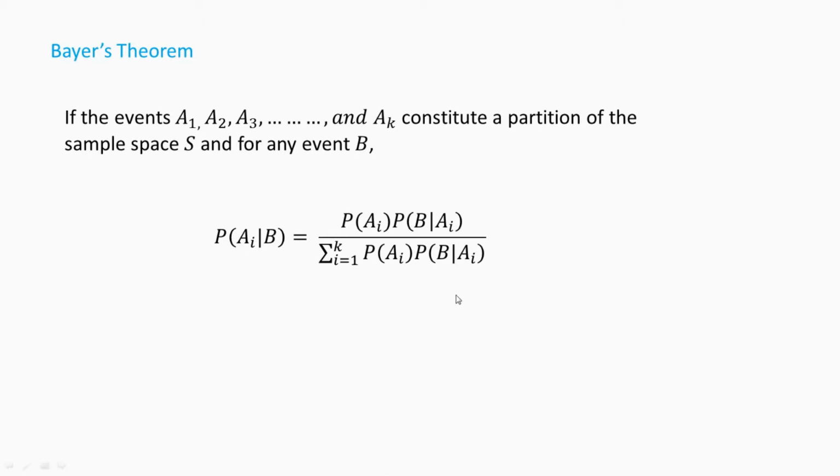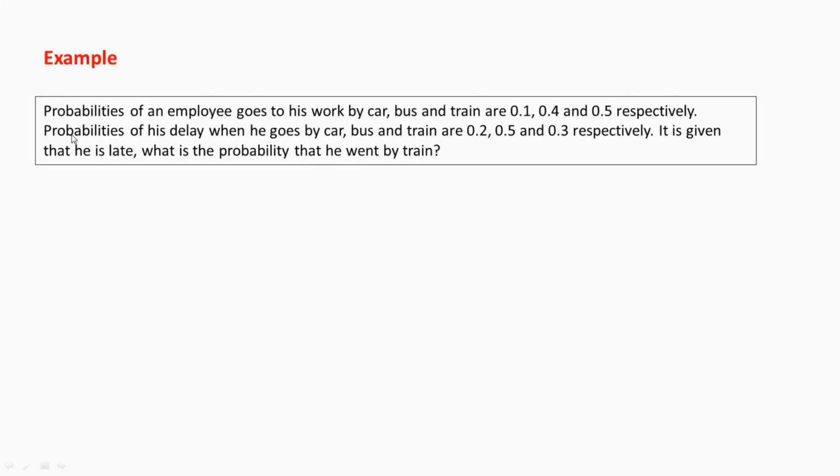Here, this part is the total probability of B. Previously, I discussed this part. Let's see an example to understand Bayes' theorem.